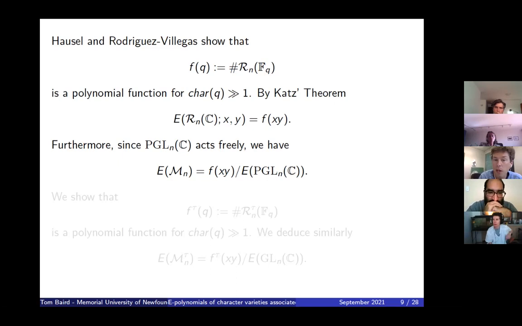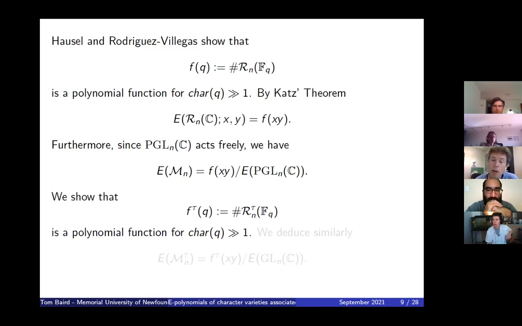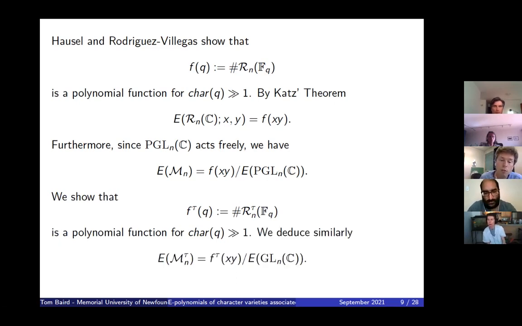So what we did is we emulated their approach to count points in these representation varieties associated to the real curve, the Riemann surface with involution. And we again showed that it was a polynomial function. And then we deduce in a similar fashion the e-polynomial of the character variety.